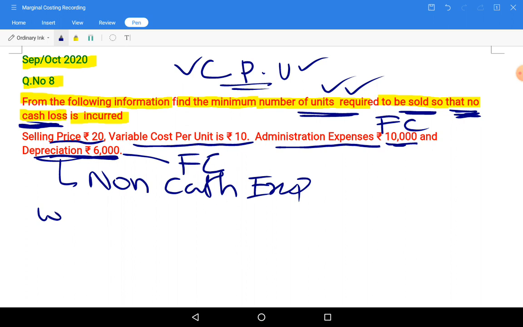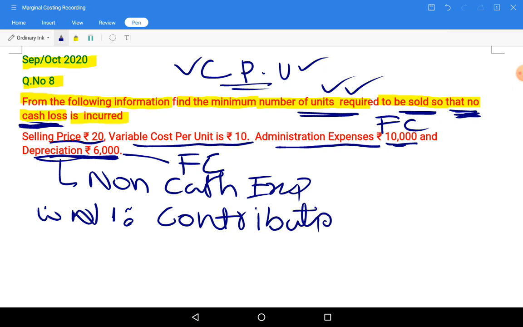Working note 1, contribution per unit: sales minus variable cost.